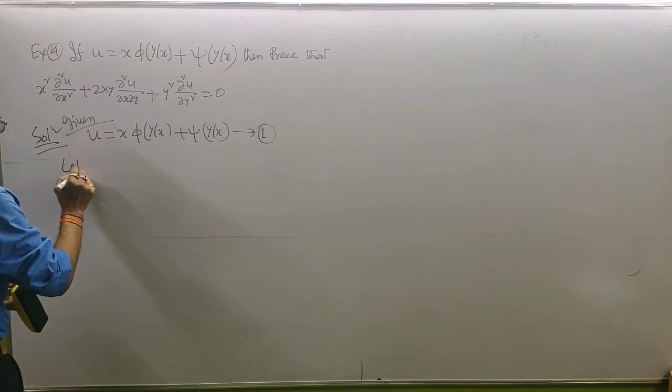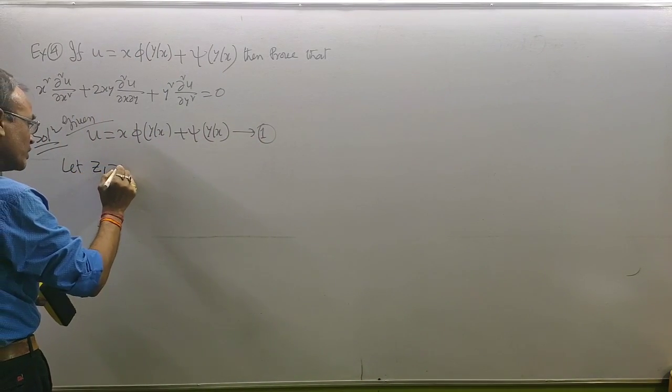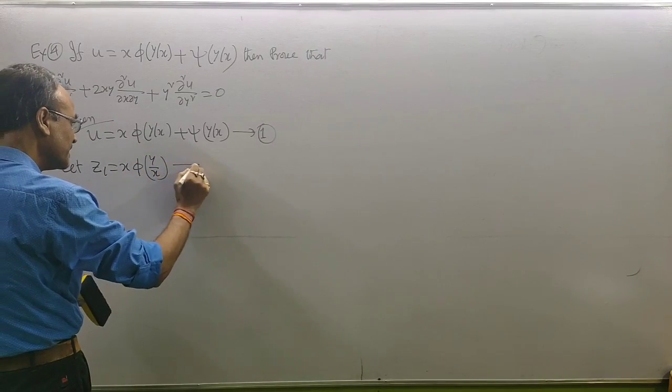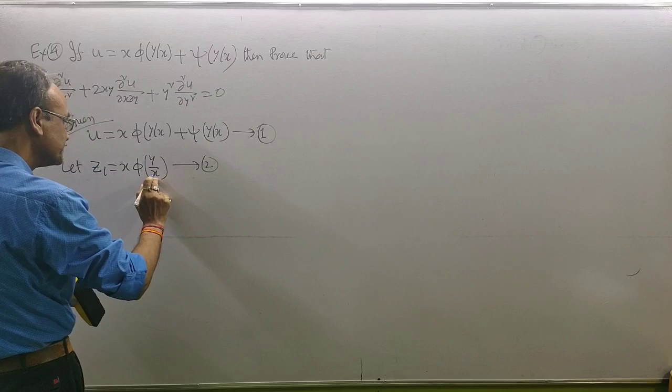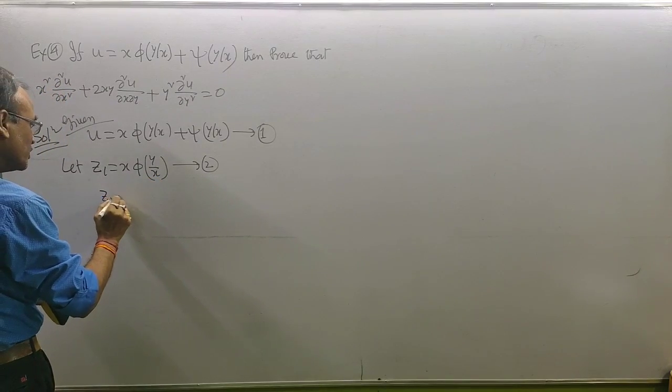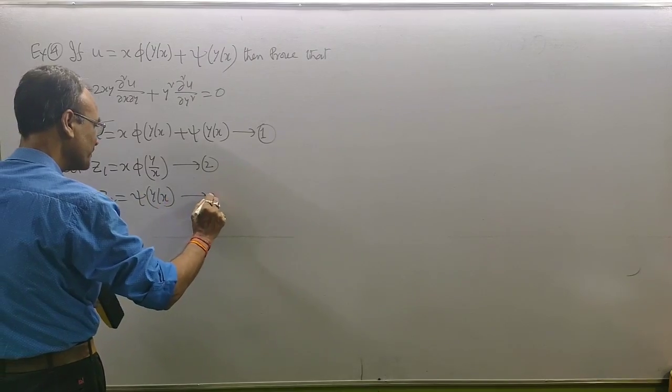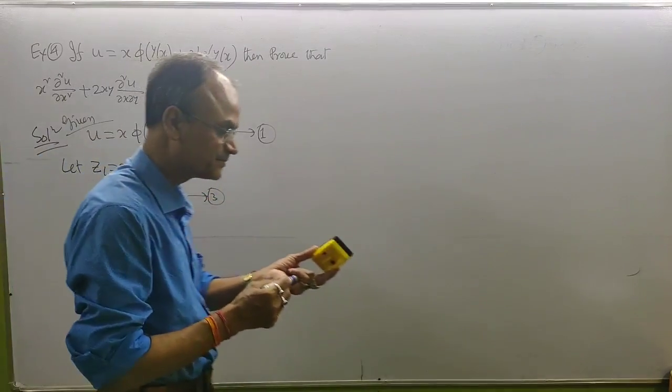Let z1 equal x phi of y by x. This is number 2. z2 equals psi of y by x. This is number 3.